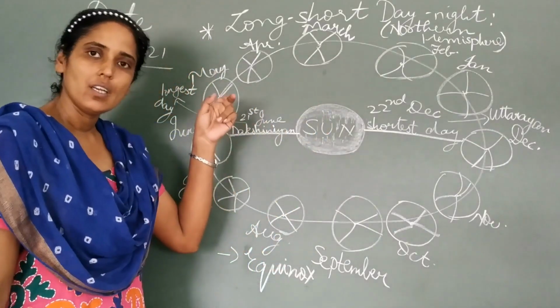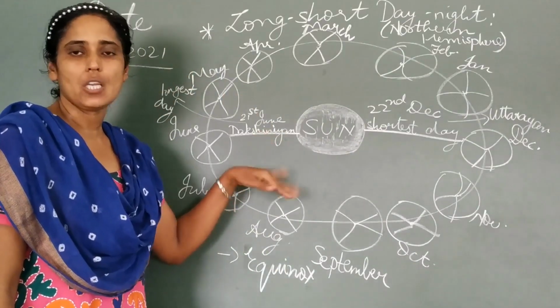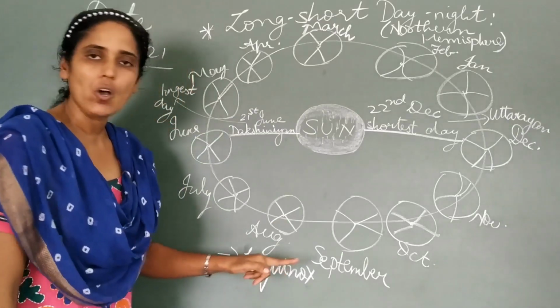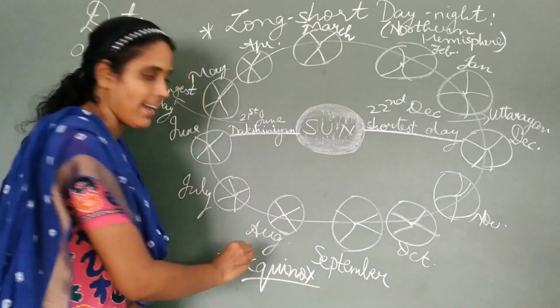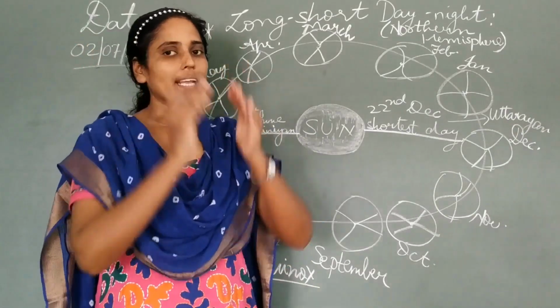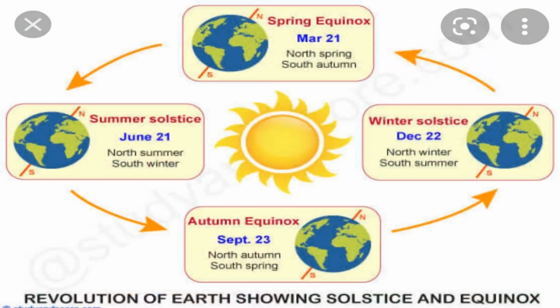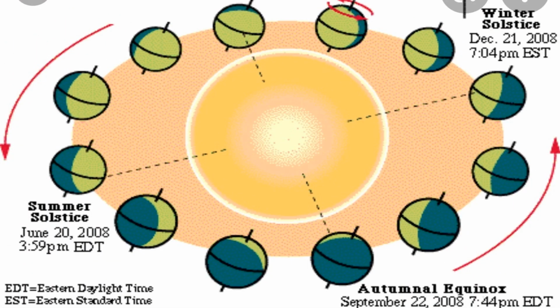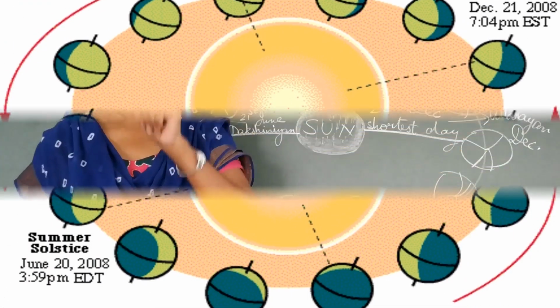What we saw here, 21st June is the longest day, 22nd December is the shortest day. But equinox is a concept which shows that the duration of the day and the duration of the night are equal. Nothing is long, nothing is short. Days are not short, nights are not long. Not in that way. Days as well as nights are equal.